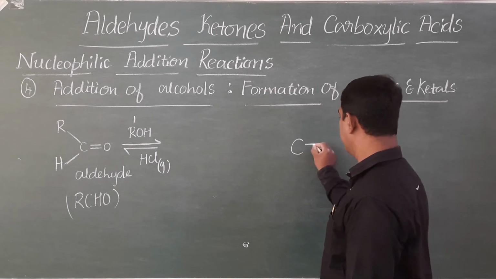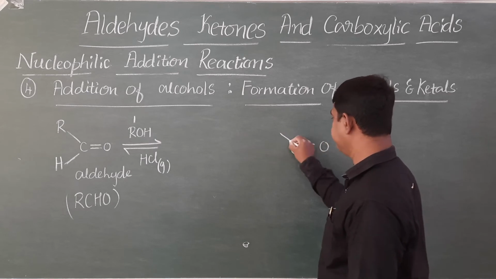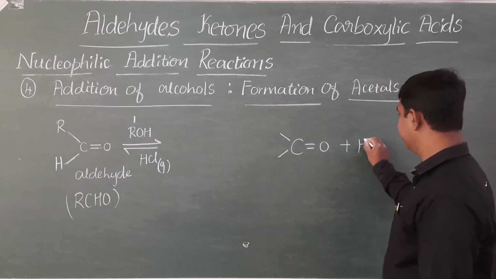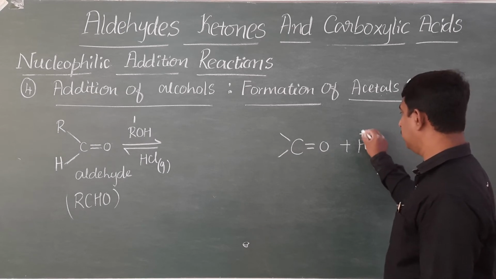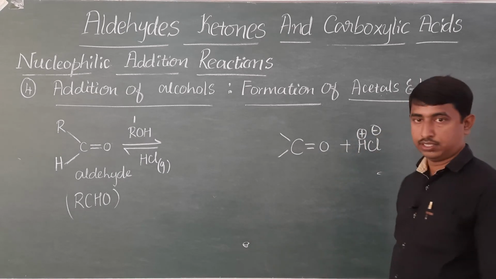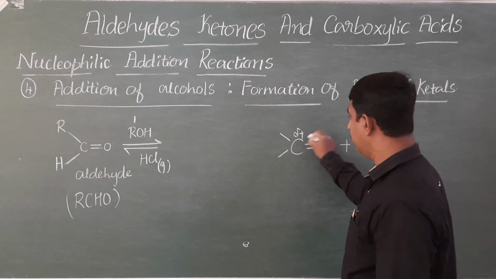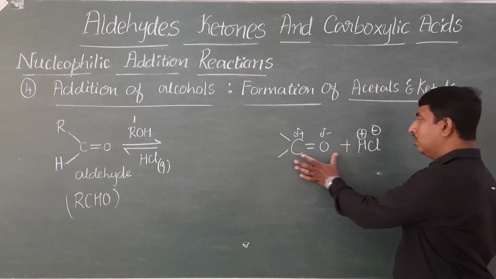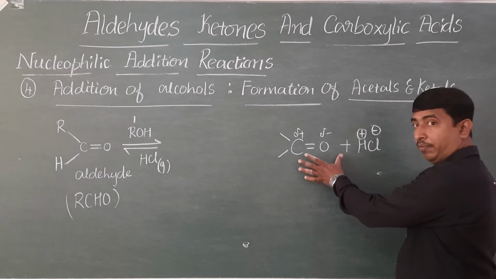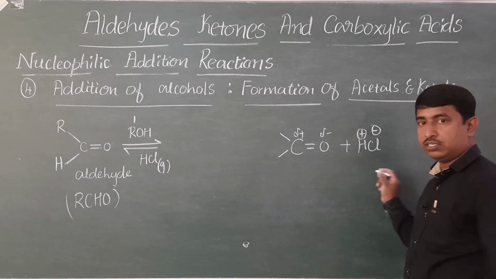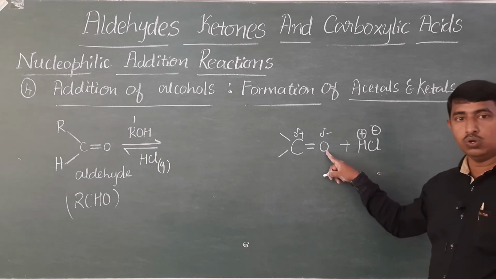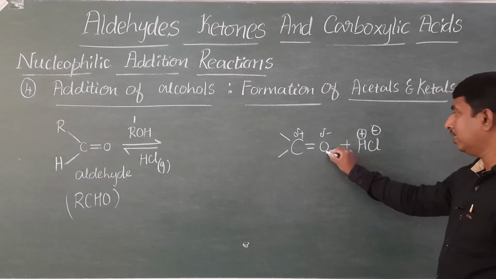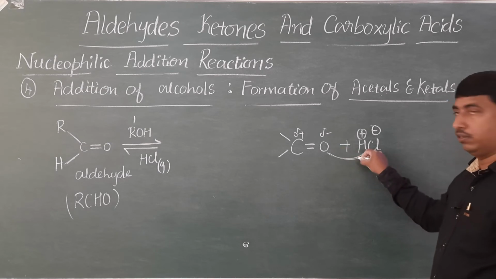See here, this is a carbonyl compound, aldehyde or ketone. We are adding HCl, H plus then Cl minus. This is delta plus, delta minus. So when a carbonyl compound is made to react with alcohol in the presence of HCl, the oxygen atom of the carbonyl group gets attracted towards H plus.